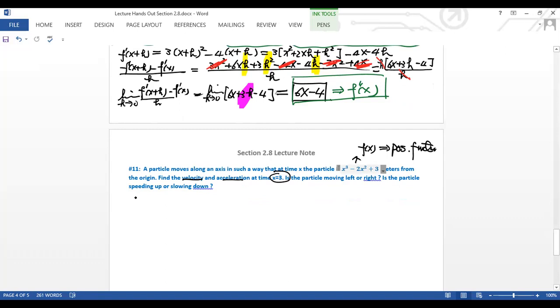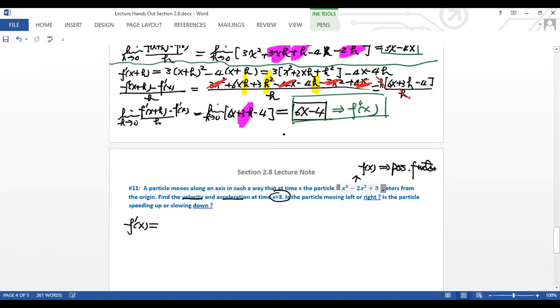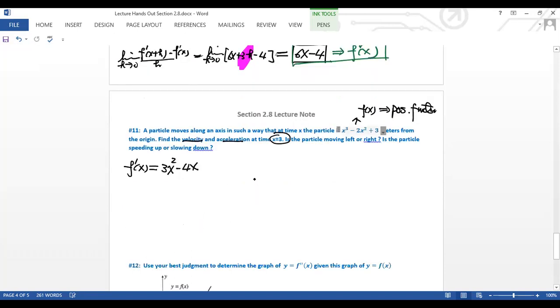Okay, so from the previous one, we got f prime of x. After such tedious algebra, we got 3x squared minus 4x. So remember, if this is a position function, what is f prime of x? f prime of x is the velocity.